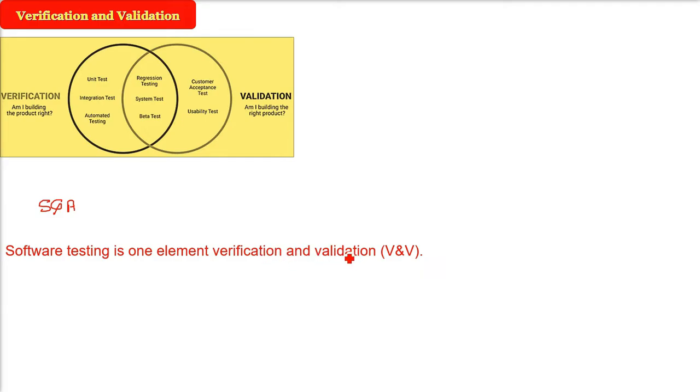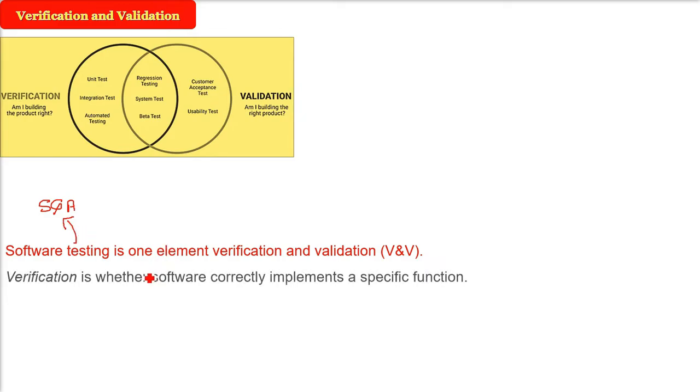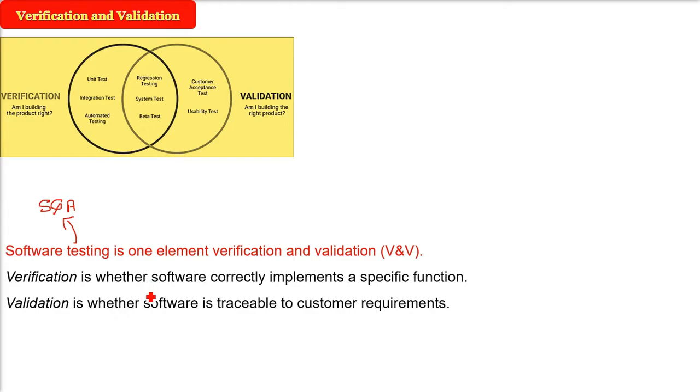Verification is whether the software correctly implements a specific function. That is, if you have made something, is it working correctly? This is verification. Validation is, what you have done, does the user want it? That is, whether the software is traceable to the customer requirement.